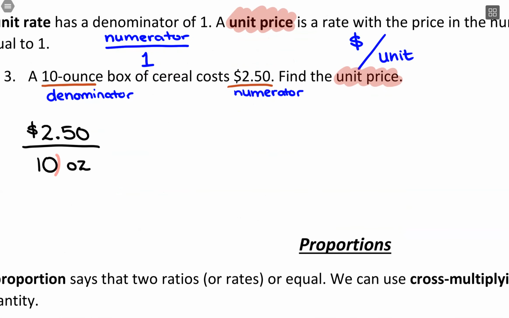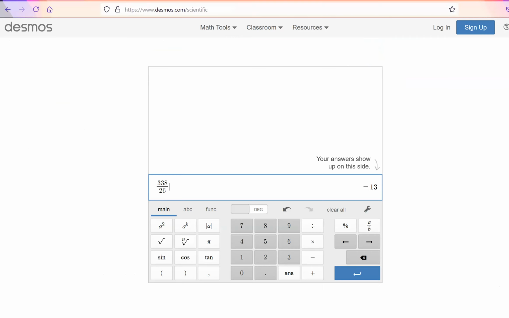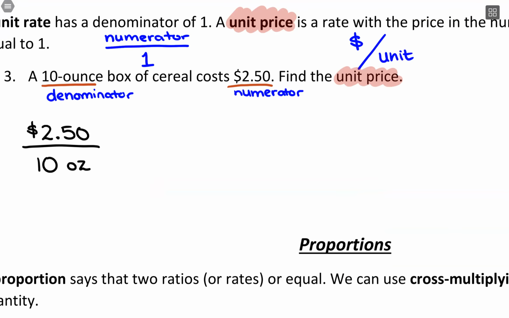Here we can see we don't have a denominator of 1, but we can create a denominator of 1 by carrying out this calculation. So 2.5 divided by 10, and feel free to use a calculator to help out here. So 2.5 divided by 10, and we're seeing a 0.25.